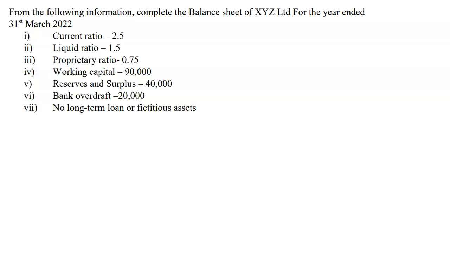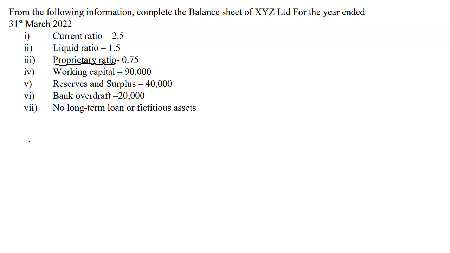From the following information, complete the balance sheet of XYZ Ltd for the year ended 31st March 2022. We've been given all of these ratios, and some numbers directly that can be placed in the balance sheet. Before we begin, just keep in mind that there seems to be a mistake in one ratio given to us.